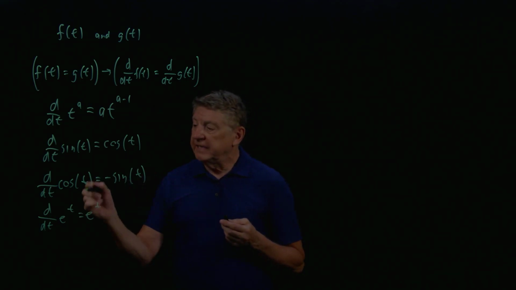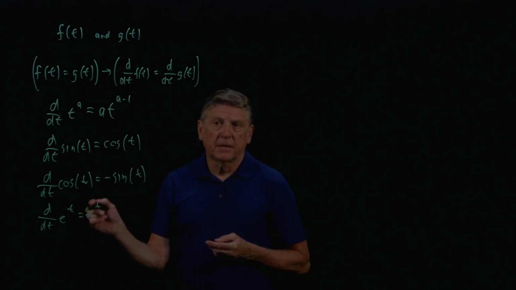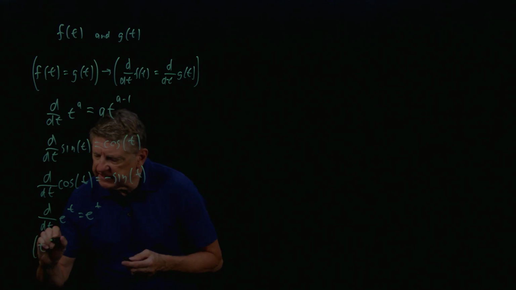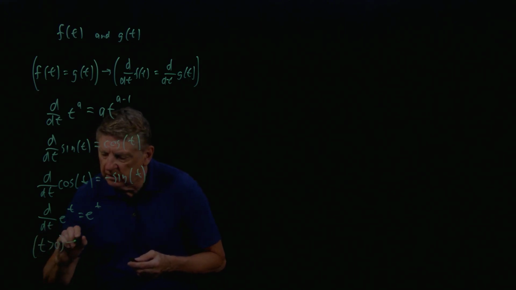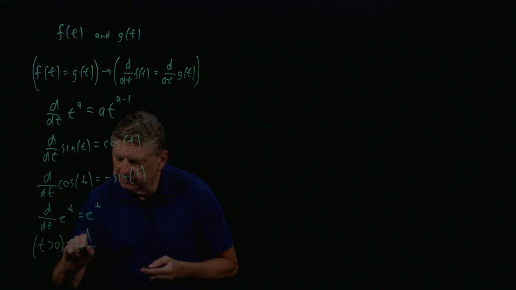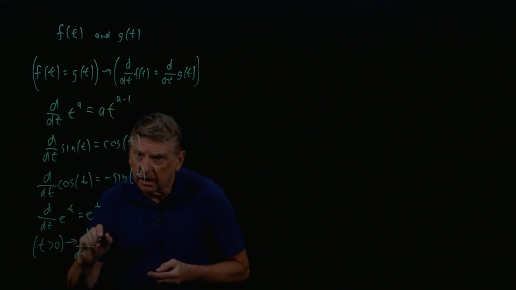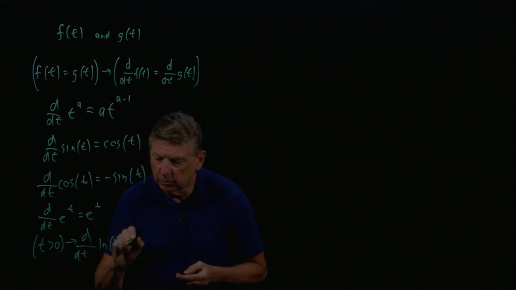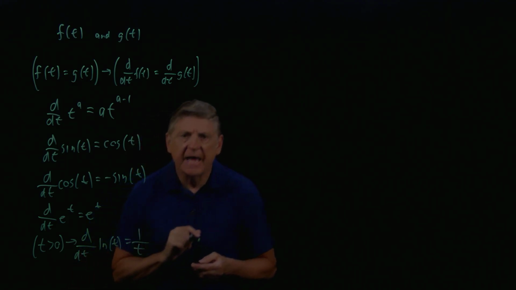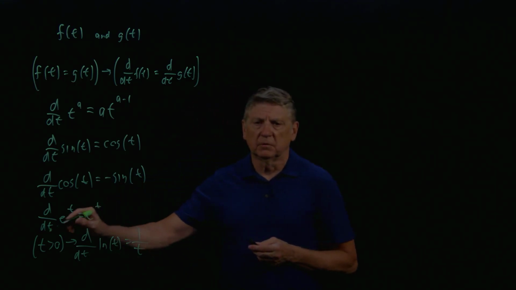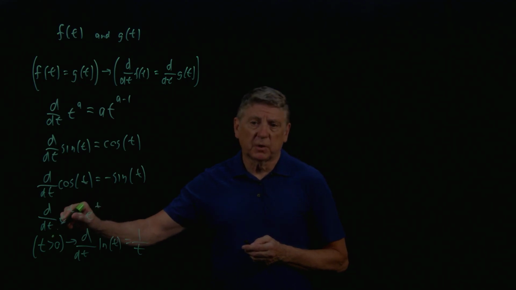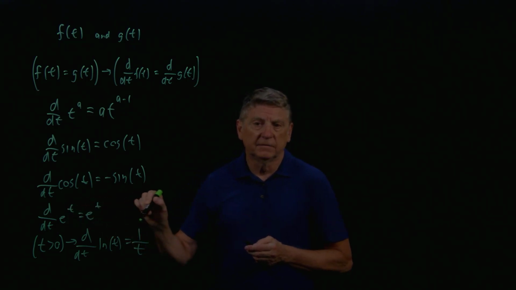The derivative of the inverse function, which is the logarithm, has a condition, and that is if t is greater than 0, then the derivative with respect to t of the logarithm of t equals 1 over t. And it's important to observe and recall that this requires that t be strictly positive. If t is 0 or negative, this does not hold.